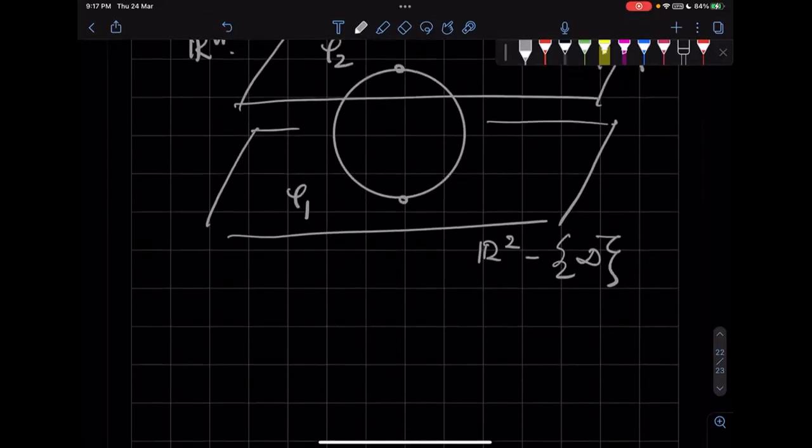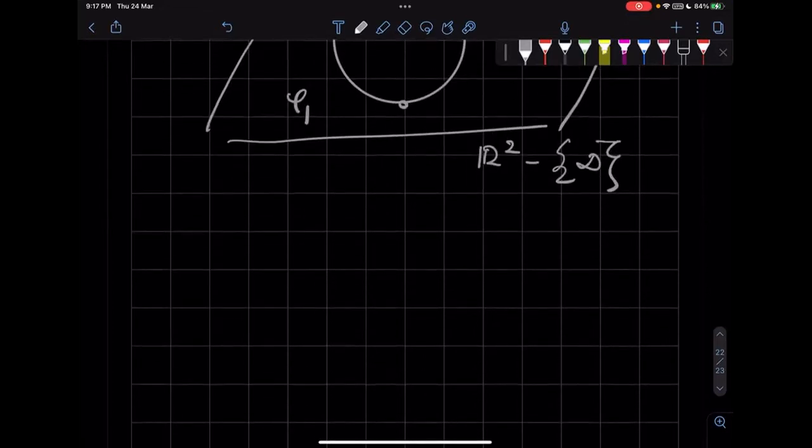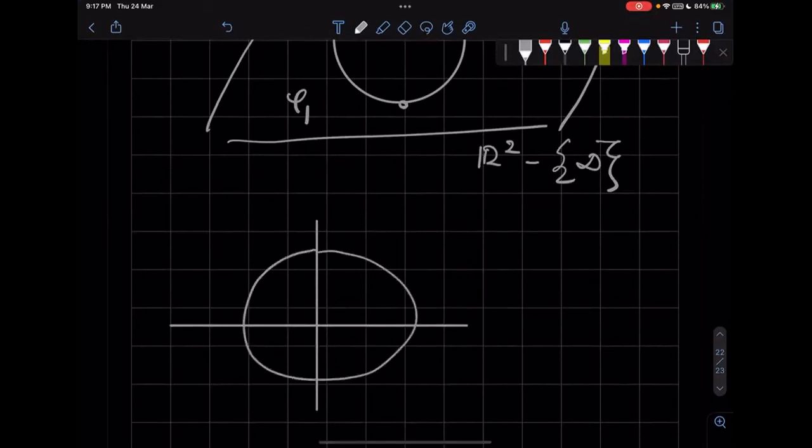Okay, so for S2, it should be clear that, suppose we have an S2.